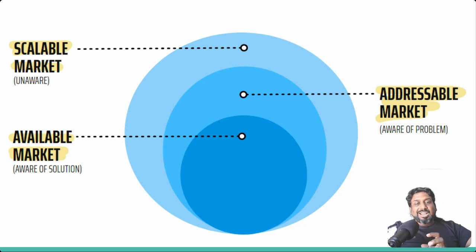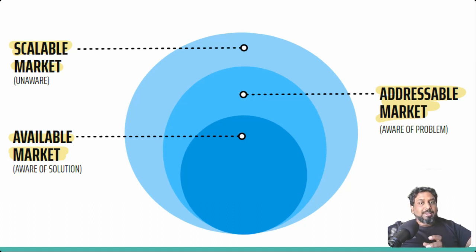Then within the addressable market, there's a small segment which is the available market, which means that this segment is aware of the problem, is also aware of the solution, and they're actively looking for a solution. But right now, they're confused about which specific solution would suit their specific needs the most.